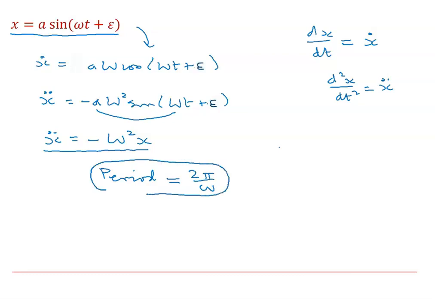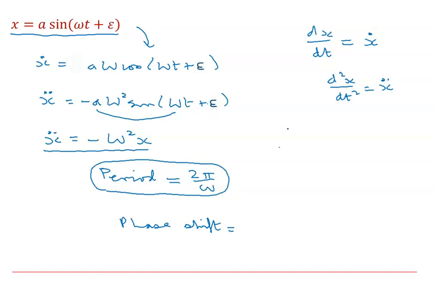So omega determines the time for one complete oscillation, and we can also talk about the phase shift. The phase shift is the shift that we will see for this oscillating sine wave.